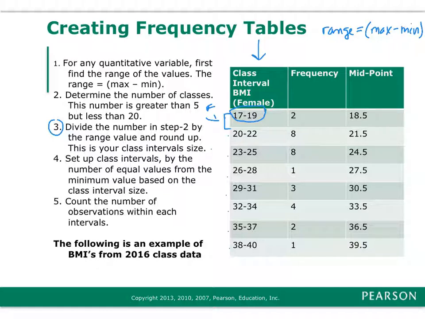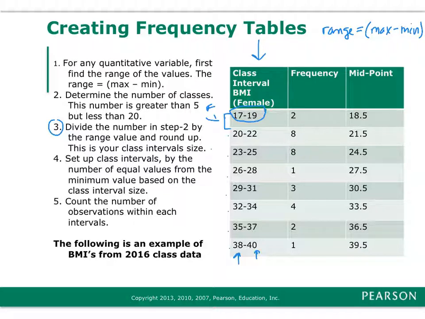This is called the lower bound of the class interval, and this is the upper bound of the class interval. And so, obviously, if the next number is 20, the number below it is 19.